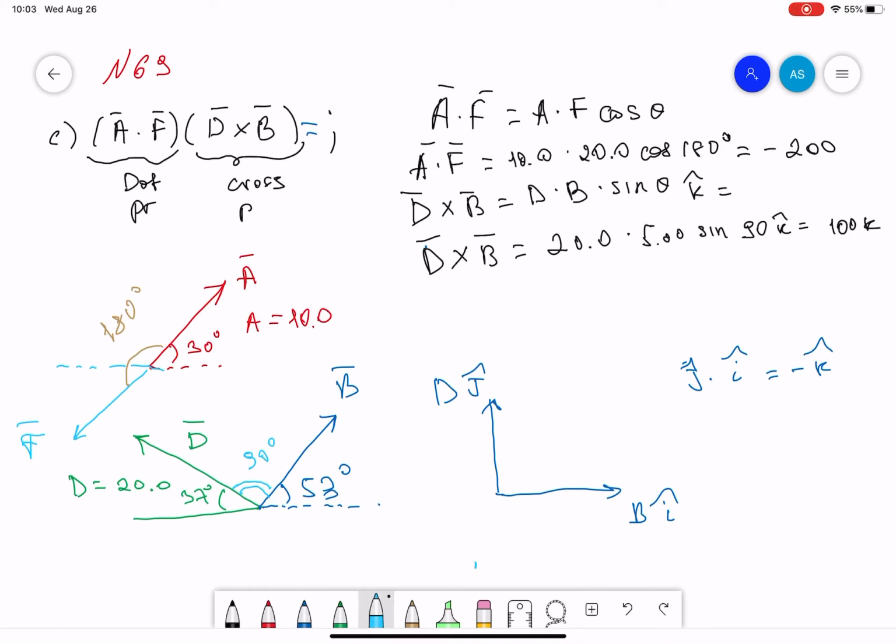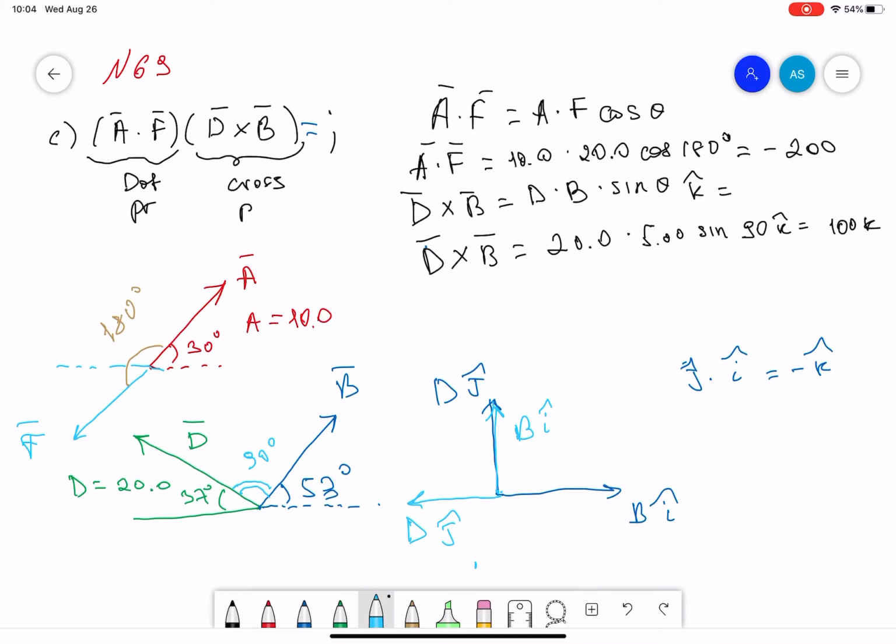Now if it's opposite, if our b vector is here, the i vector is here, and our d, the j vector, was here, then j will be in the negative and i will be on the positive.